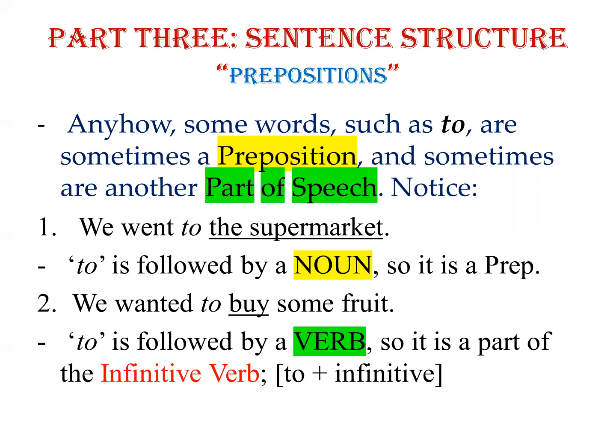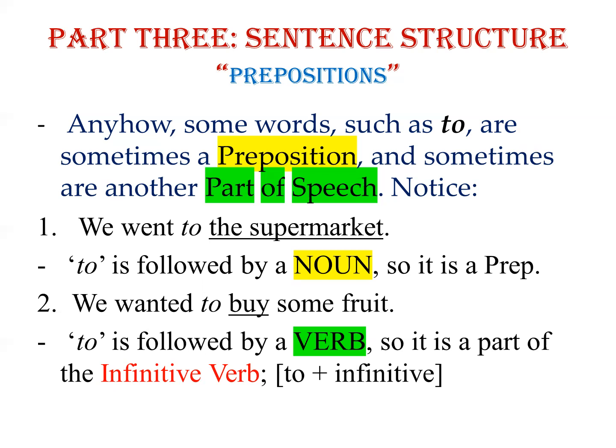But in the second example, to is followed by a verb. Whenever you see this word to followed by a verb, it will be the infinitive verb. We all know what the infinitive verb is. It is the first form of the verb, not the second, not the third, which is the participle.